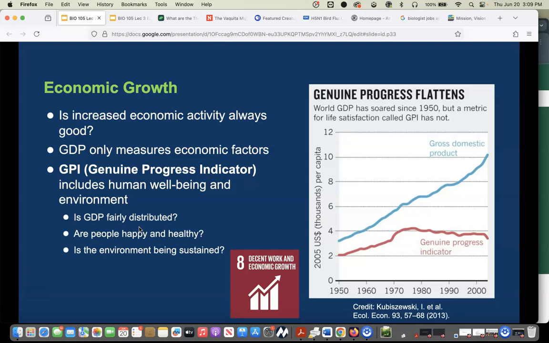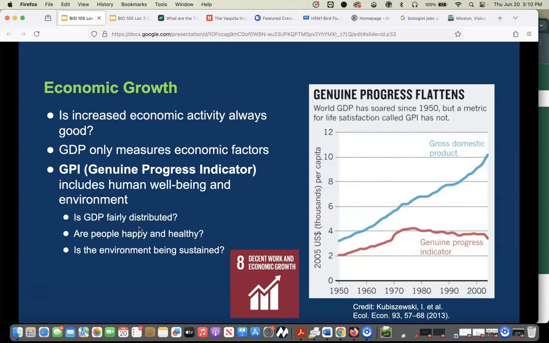There's another indicator for economic growth called GPI, the genuine progress indicator, and this actually includes human well-being and the environment. So it's going to include other factors.